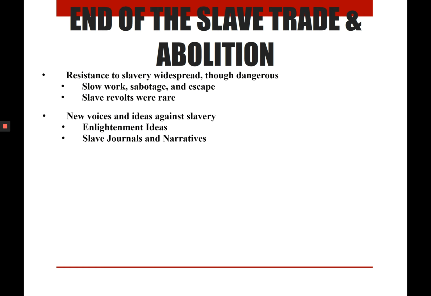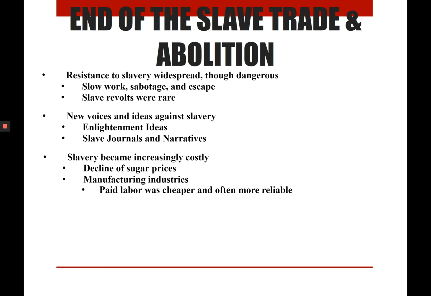And also, slavery simply became more costly. The price of slaves continued to increase. You also had a situation to where the price of crops was declining, especially sugar. So much sugar was being produced that the price of sugar declined.